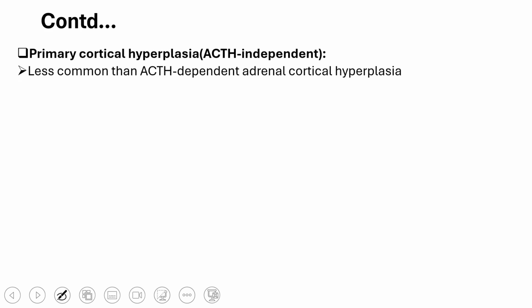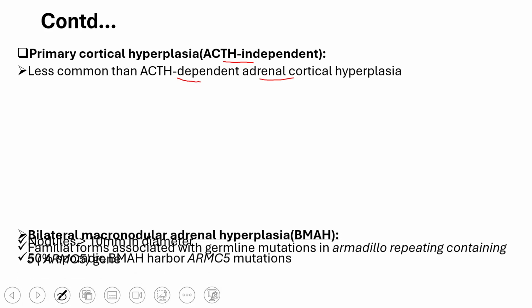And next, you can see primary cortical hyperplasia is also a cause of ACTH independent Cushing syndrome, and this is less common than ACTH dependent adrenal cortical hyperplasia.